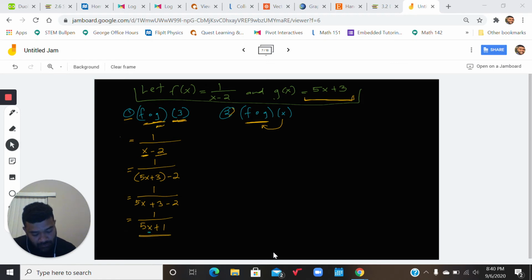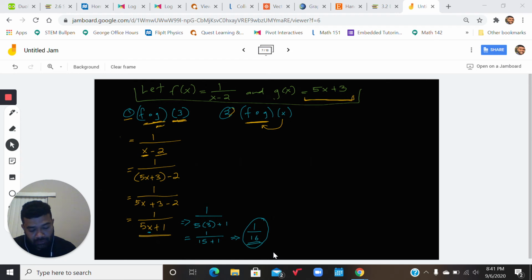So if you continue further, we will have 1 over 5 times 3 plus 1, and I'll end up with 1 over 15 plus 1, and this will give me 1 over 16, and that right there is the answer for part 1.